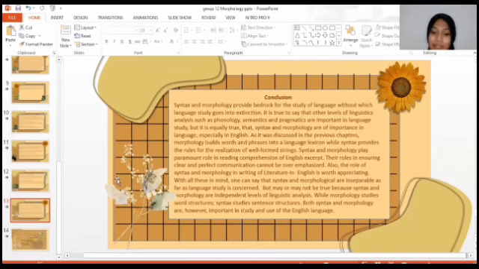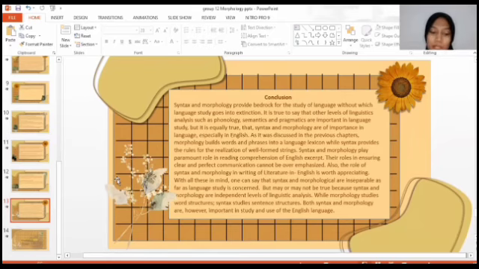But it is equally true that syntax and morphology are of importance in language, especially in English. As was discussed in the previous chapters, morphology builds words and phrases into a language lexicon, while syntax provides the rules for the realization of well-formed strings.